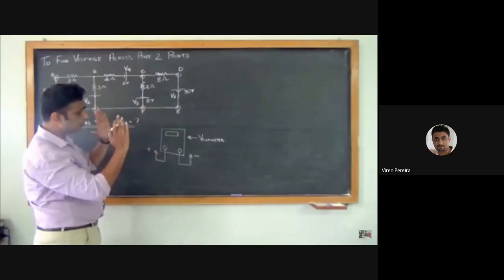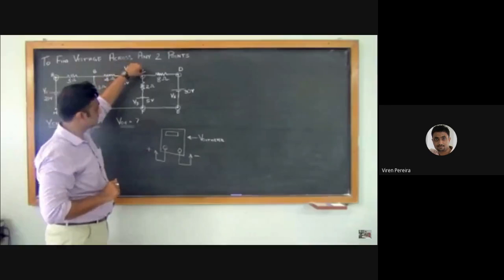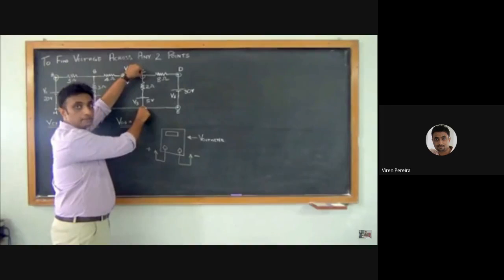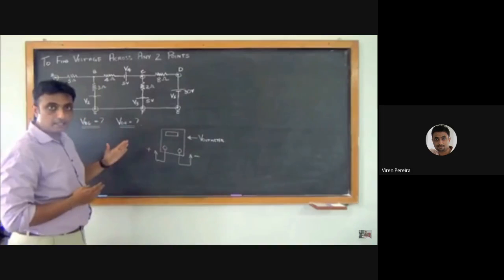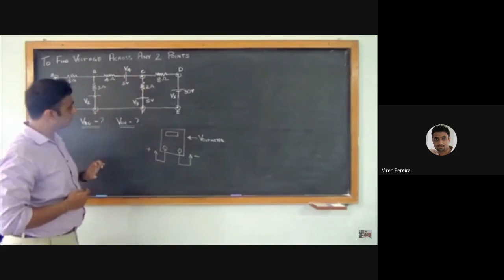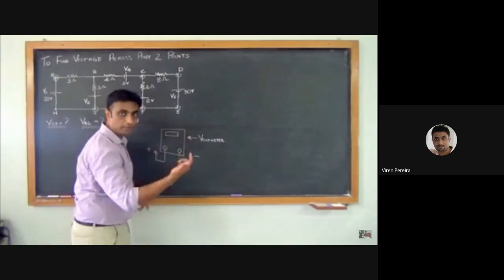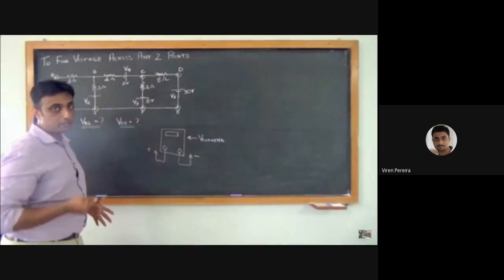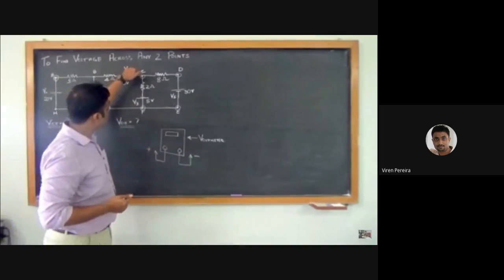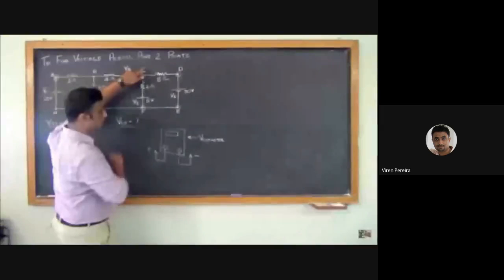So practically we will take a voltmeter or a multimeter. If it's a multimeter, we'll put it on voltmeter mode and we will connect one terminal to C and the other terminal to F.